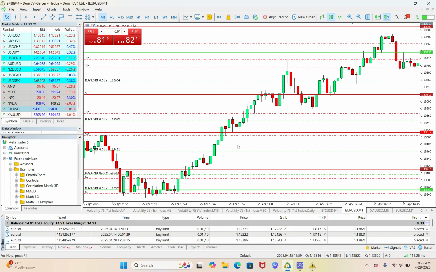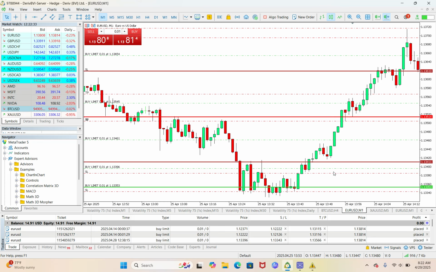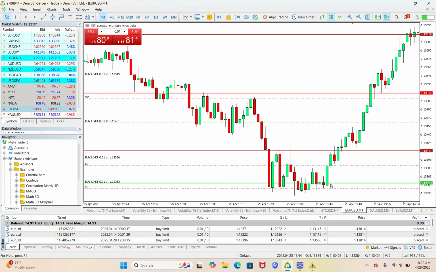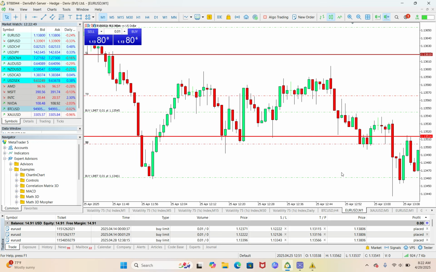So here, we already have a buy limit right here. We have a buy limit right here. So we're going to look below this, see if we can find anything below here, which is 13,353.